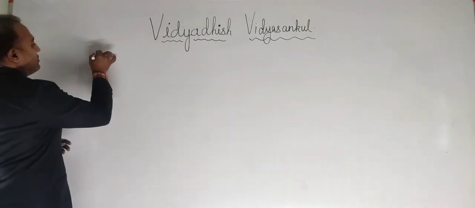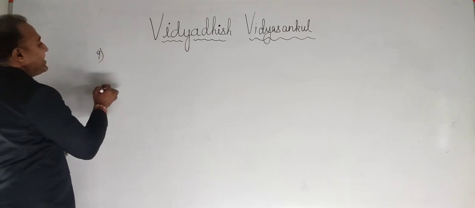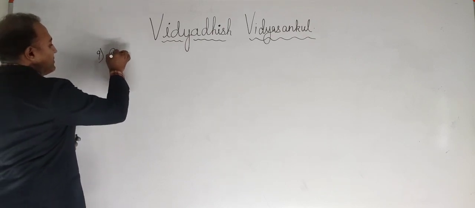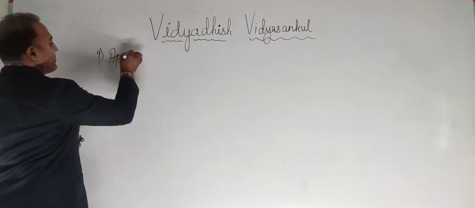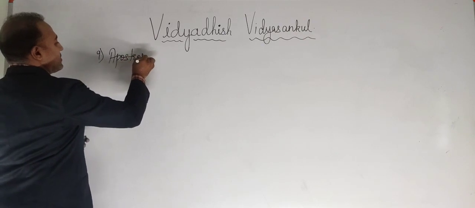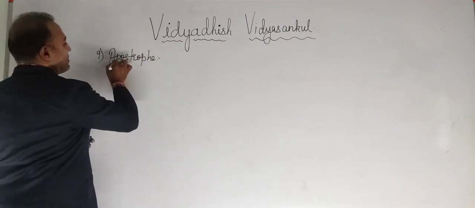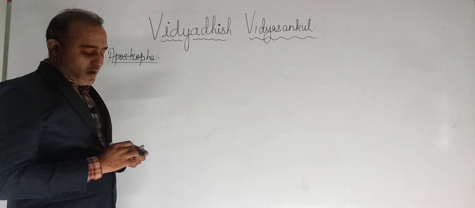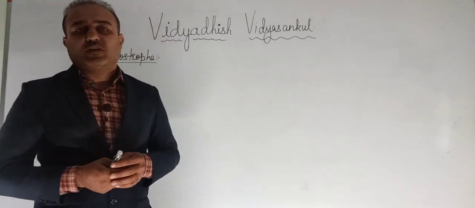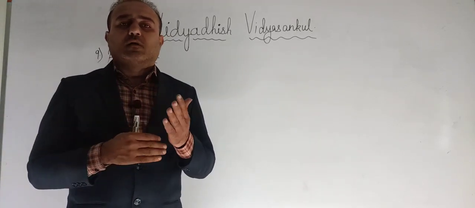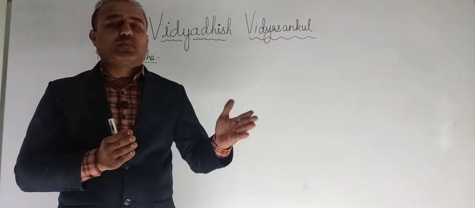Right, so this will be our 9th figure of speech, apostrophe. Apostrophe is a figure of speech wherein we can relate this figure of speech with personification.